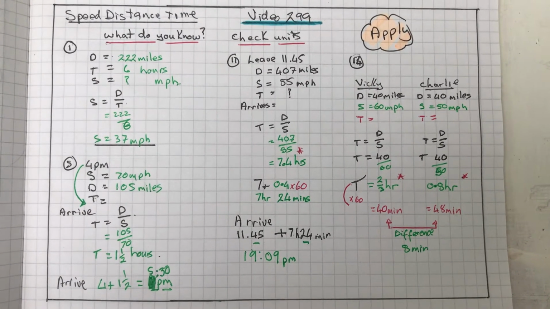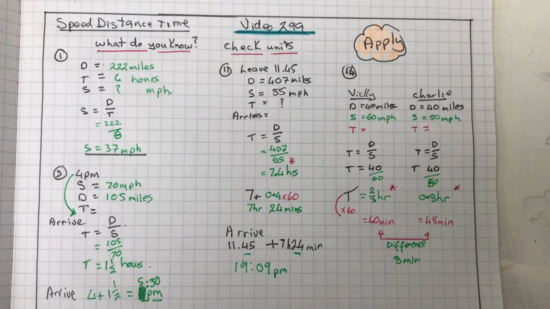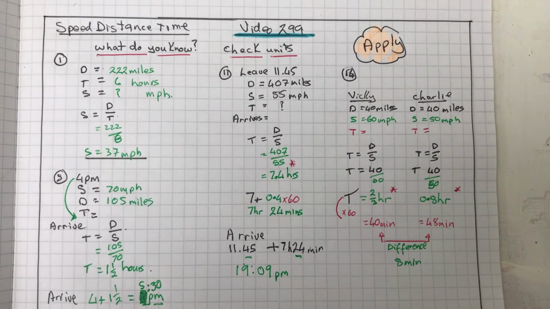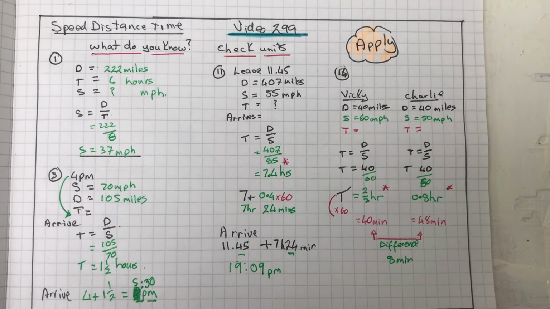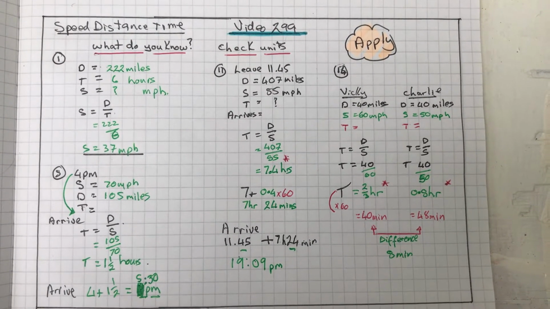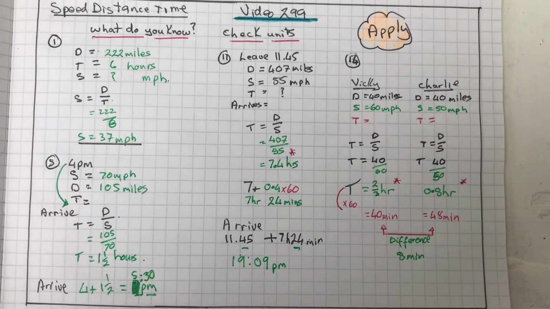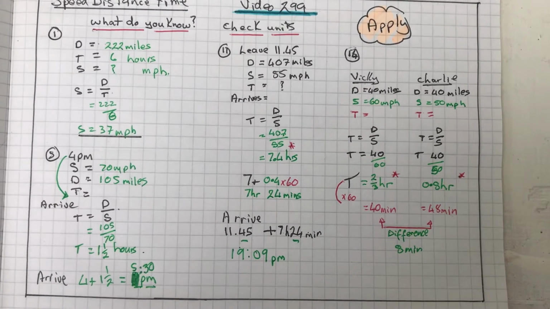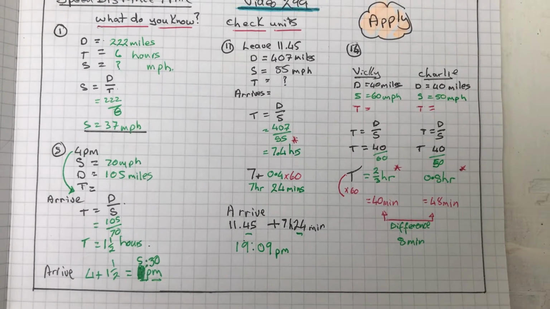Question 11. If I leave at 11:45, travel for 405 miles at 55 miles an hour, what time will I arrive this time? Same thing. The time will be the distance divided by the speed, so it's 407 divided by 55 miles per hour, which this time gives me an answer of 7.4 hours.